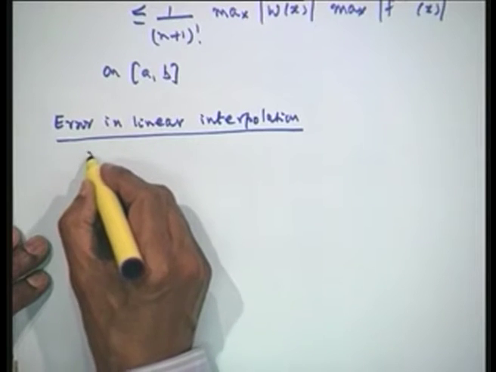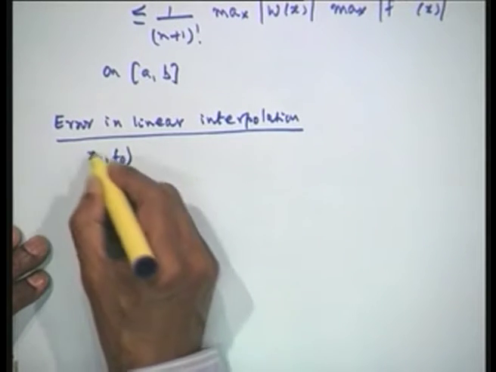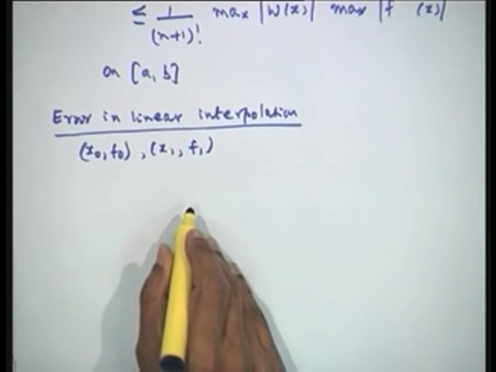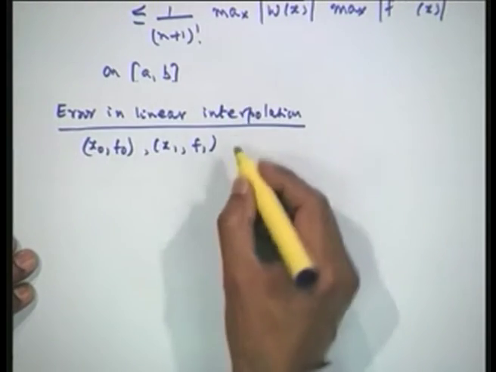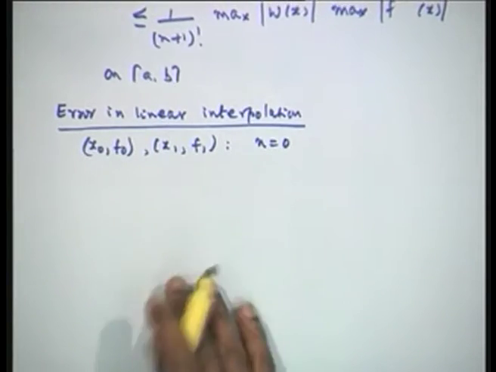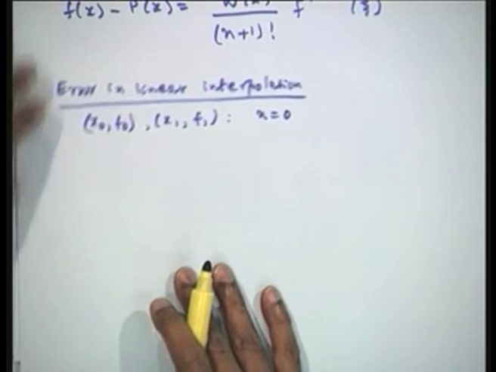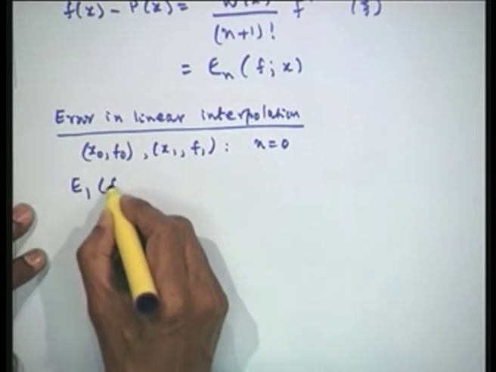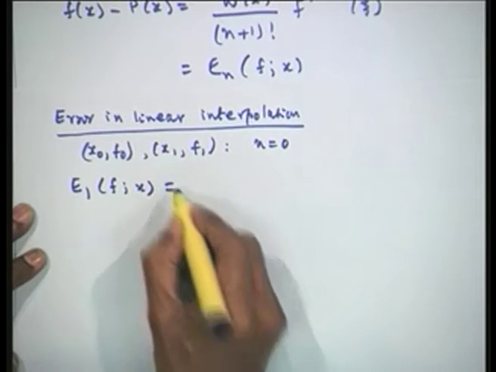Therefore we are having only 2 points, x0, f0 and x1, f1. These are the only 2 points that we have here, and therefore here the case n is equal to 0 corresponds to the case n is equal to 0. Therefore I can write down E1 from here.